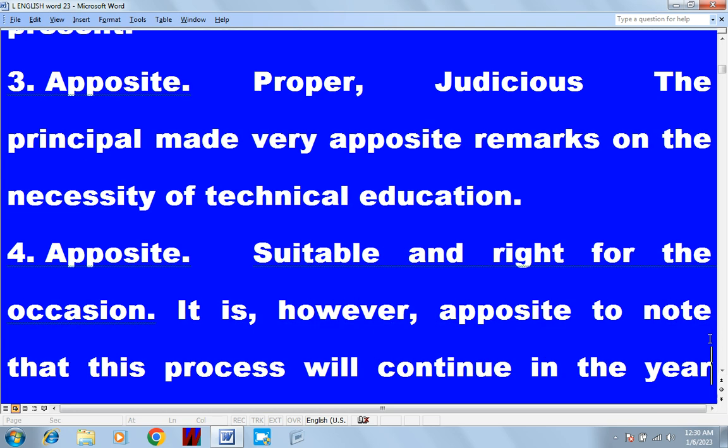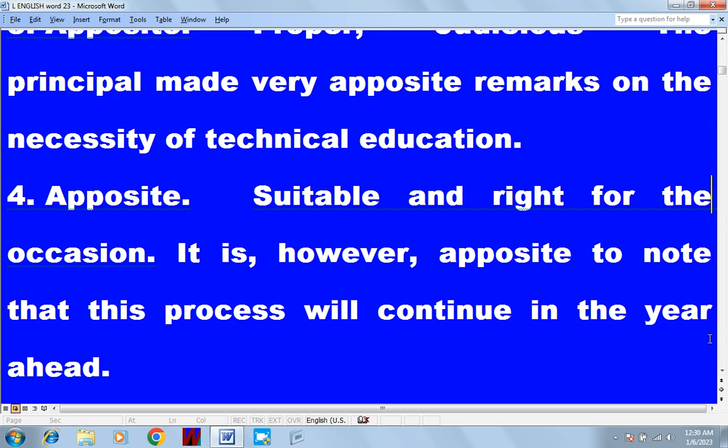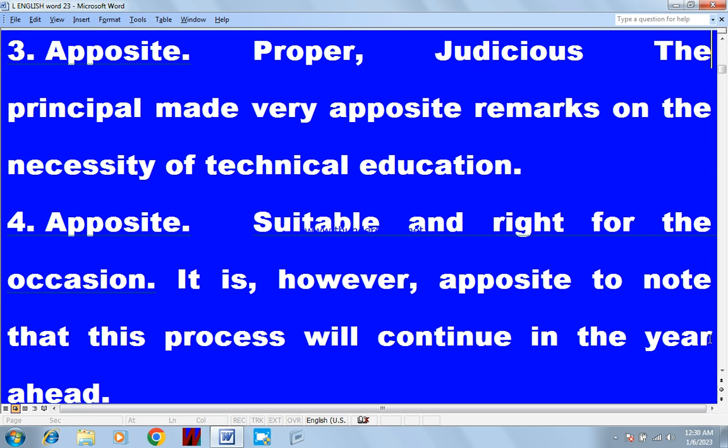Number 3, apposite, A-P-P-O-S-I-T-E, means proper, judicious. The principal made very apposite remarks on the necessity of technical education.